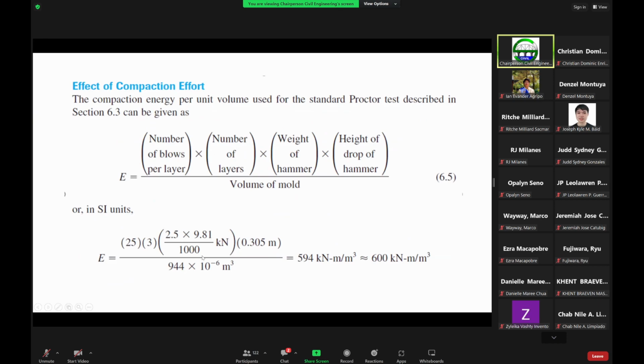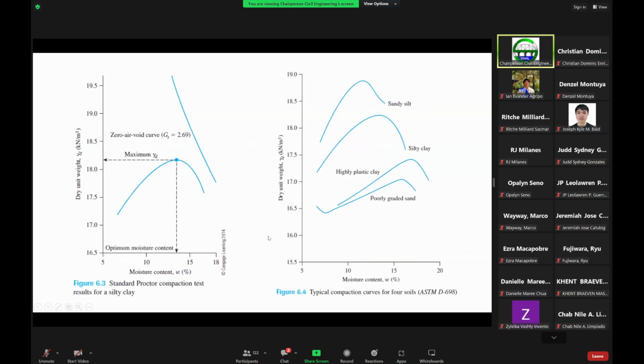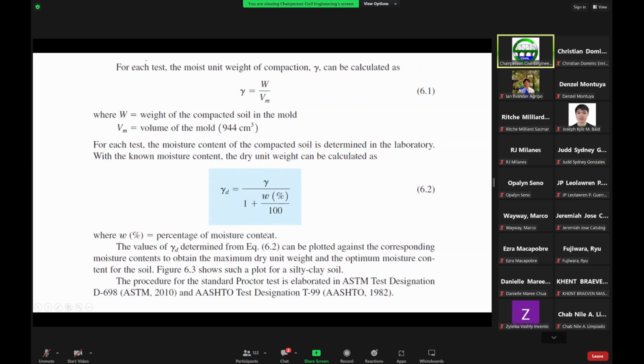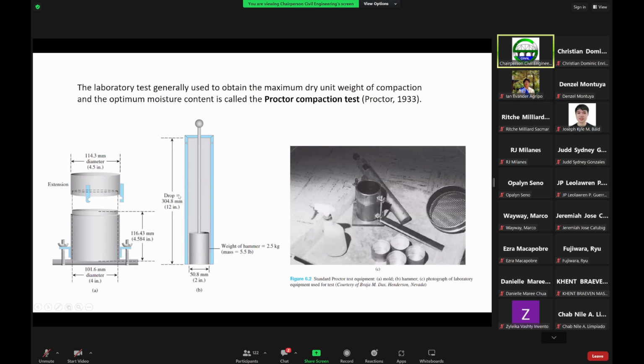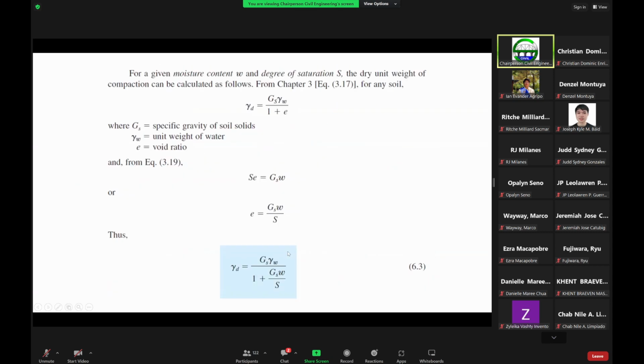Just convert that to kilonewtons. Then multiply by the drop of the hammer, which is 305 millimeters.